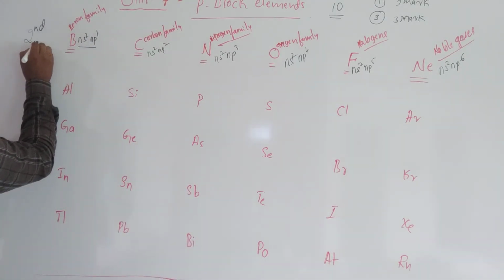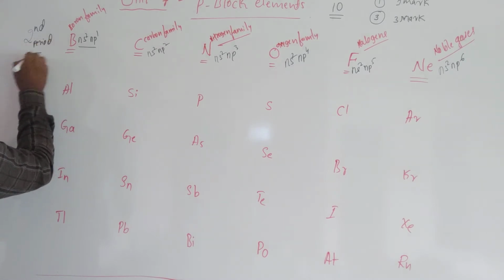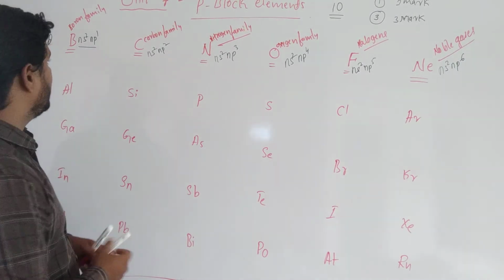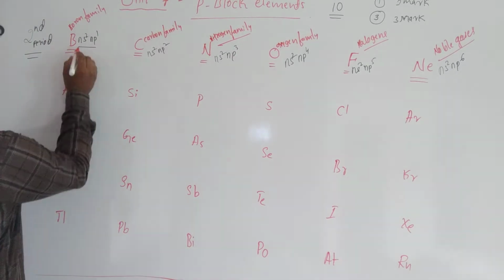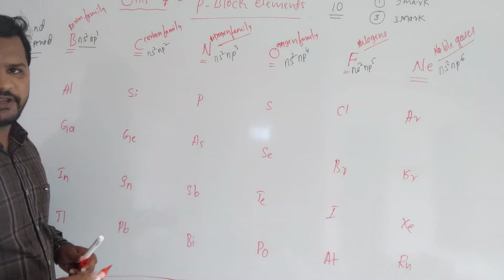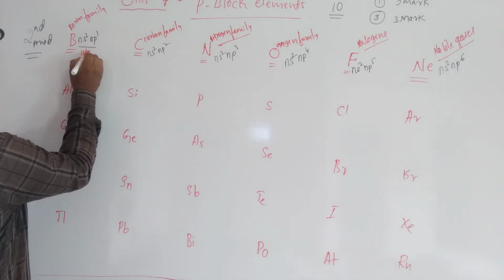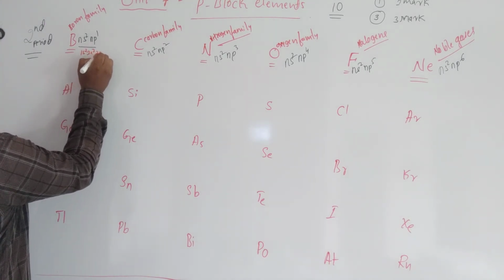These all are second period elements. Then what is the electronic configuration here? ns2 np1 is the general electronic configuration, and the real electronic configuration of boron is 1s2 2s2 2p1.